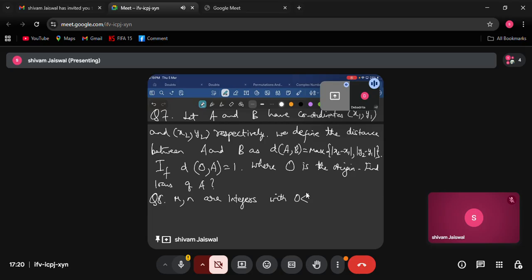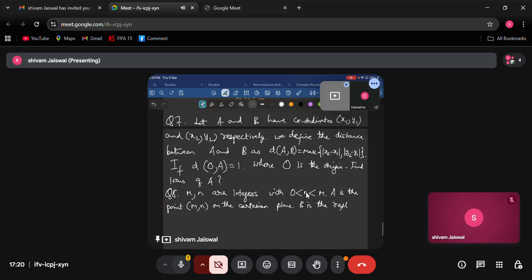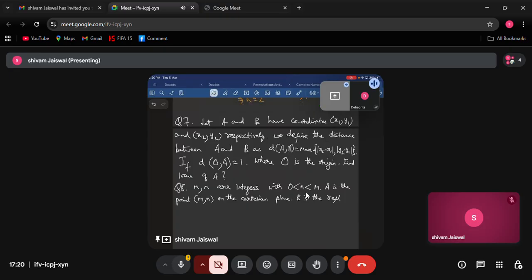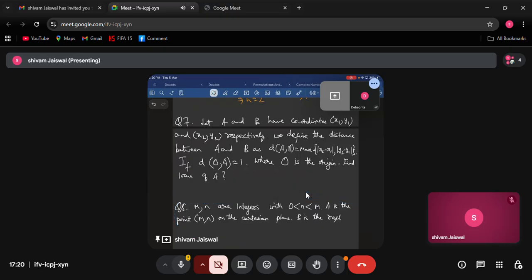Can you give options for 7? Okay, I'm giving you the options. Option A, a square. Option B, a pair of parallel lines.